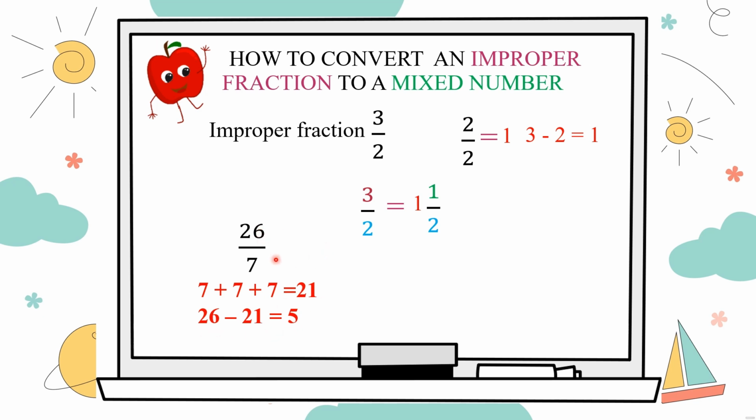So this 26 by 7 can also be written as you are getting 3 sevens. So 26 by 7 is 3 whole number and the remaining 5, which is the fraction part, 5 by 7. So this is the proper fraction and this is the whole number, and both together we call it as a mixed number.